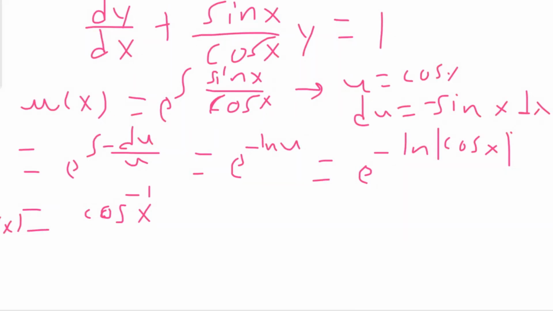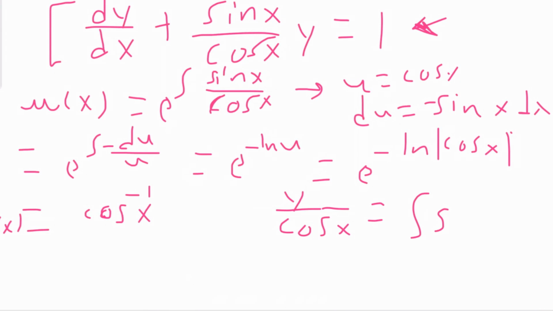So now we do y mu of x on one side, so y cosine x to negative 1, but actually let's just do y over cosine x, and set it equal to the integral. We're going to use this equation, and q of x is going to be the one on the other side, so this is q of x. So it's q of x times mu of x, and that's just cosine x to the negative 1, so that would be just secant x.